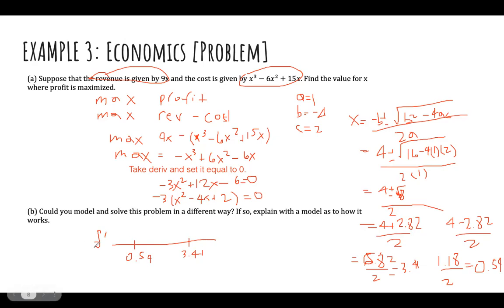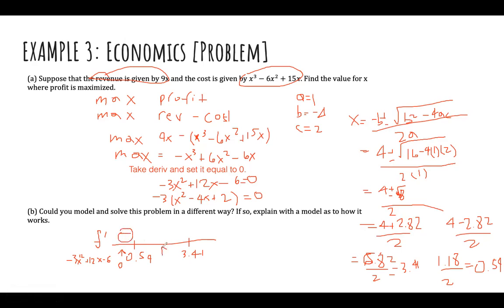So I want to plug into the derivative that I found. So I'm just writing the derivative off to the side. So if I plugged in like 0, I would have a negative number.